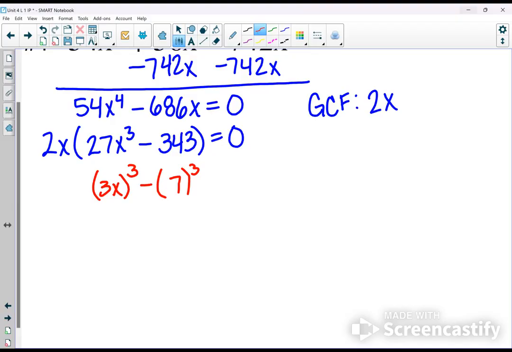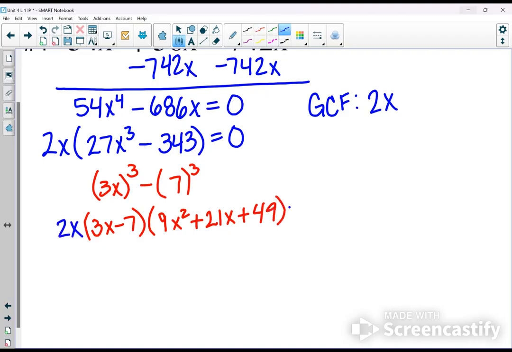So we go ahead and factor it as a minus b times a squared, remembering to square both the number and the variable, plus a times b plus b squared. I'm going to pull my GCF down and my equals 0 down to remind myself I am solving this equation.